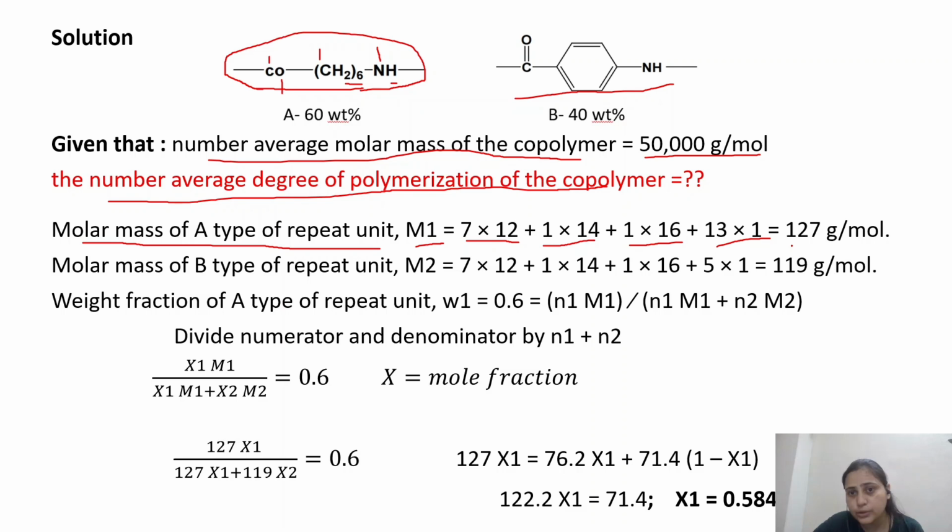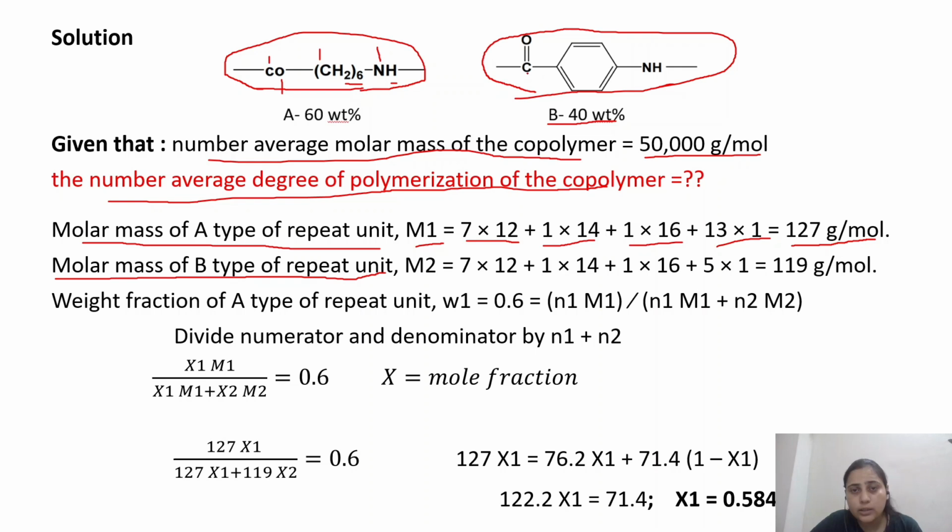Similarly, we will calculate the molar mass of the B type of repeat unit, which contributes 40% of the total copolymer. Since we know the structure, we know the different atoms in it, and we can calculate the molar mass of the B type of repeat unit. How many carbon atoms are there?